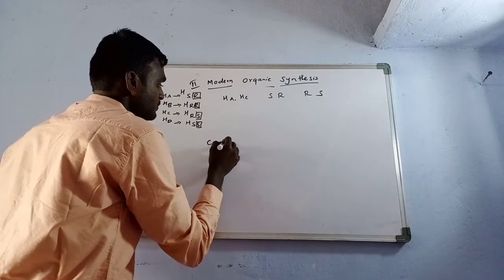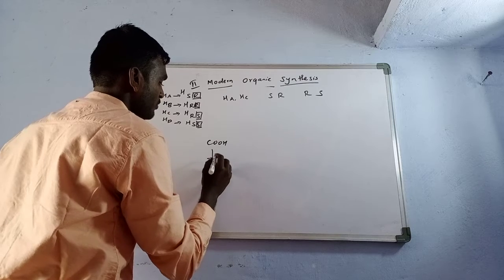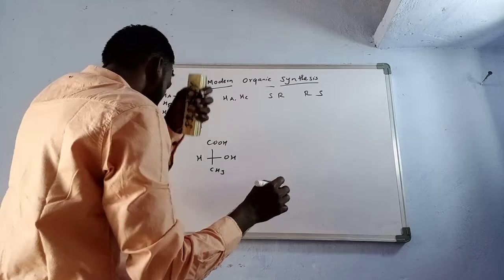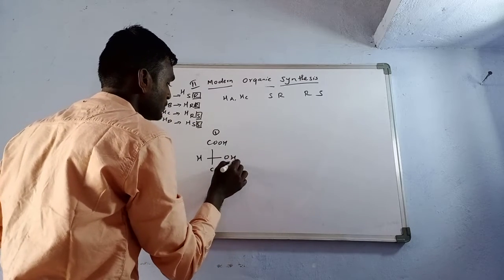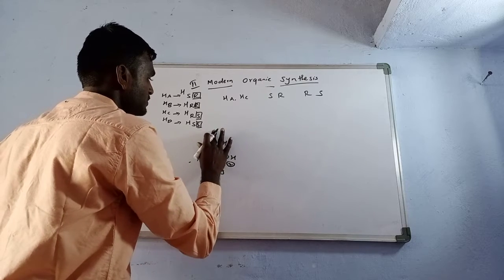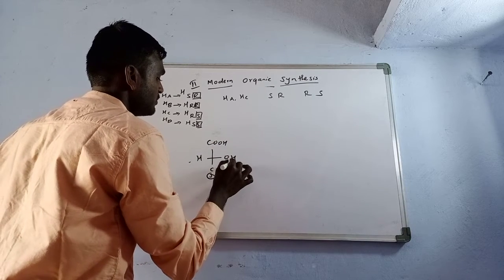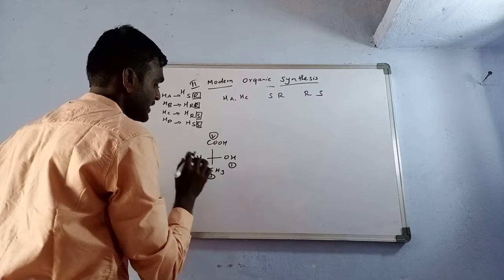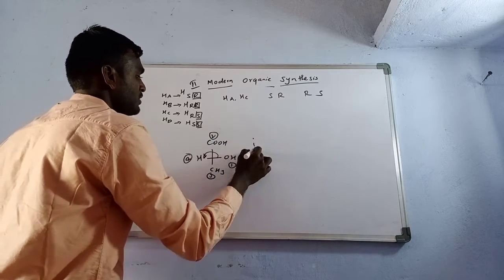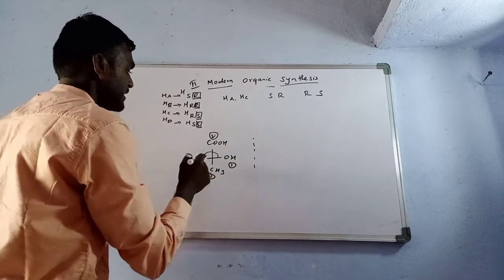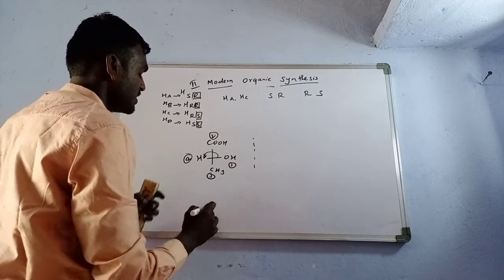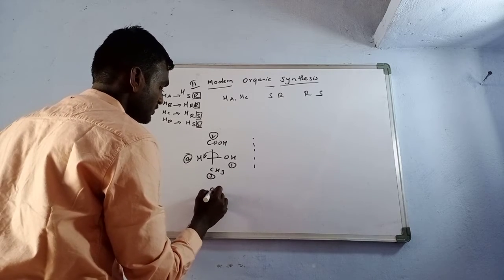Enantiomers: if we take lactic acid, the priorities will be 1, 2, 3, and this is the fourth priority. 1, 2, 3, anti-clockwise direction. With anti-clockwise direction, the fourth priority group is in a horizontal line, so it will be an R configuration.